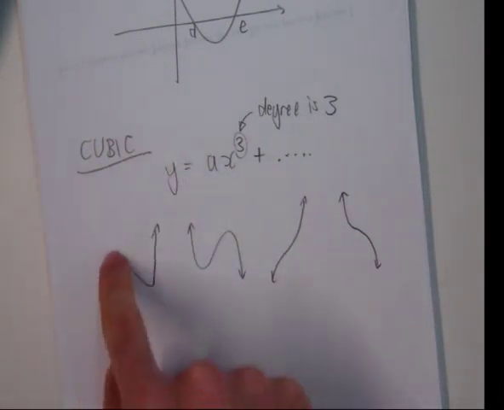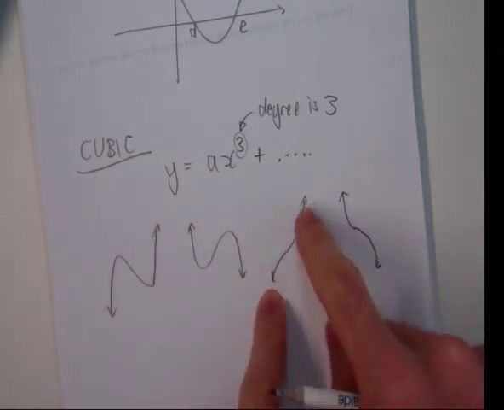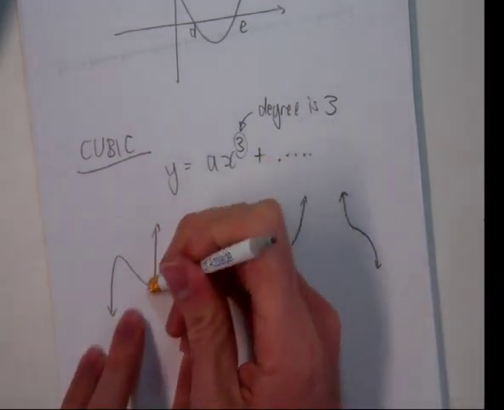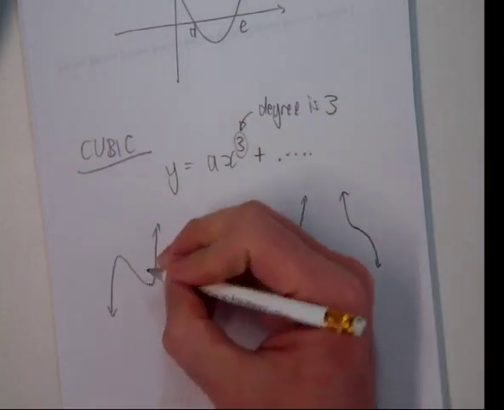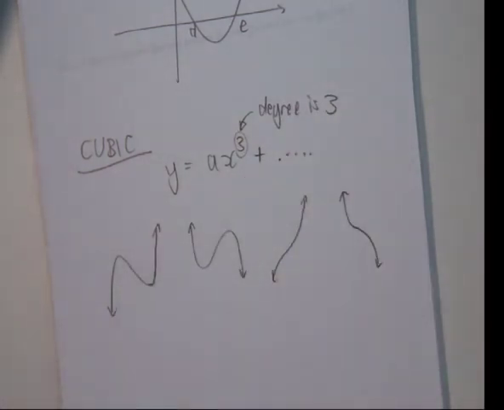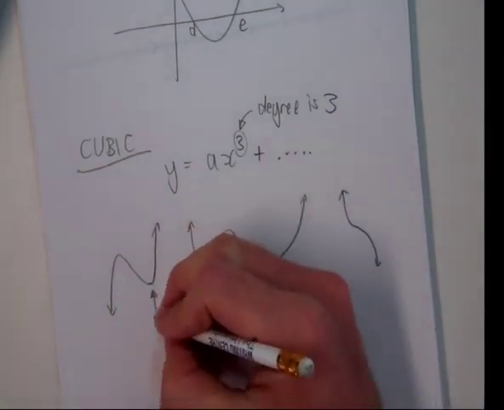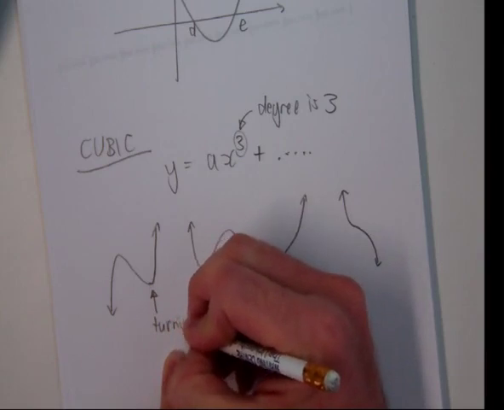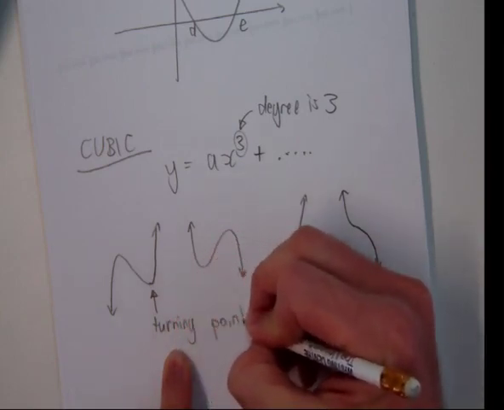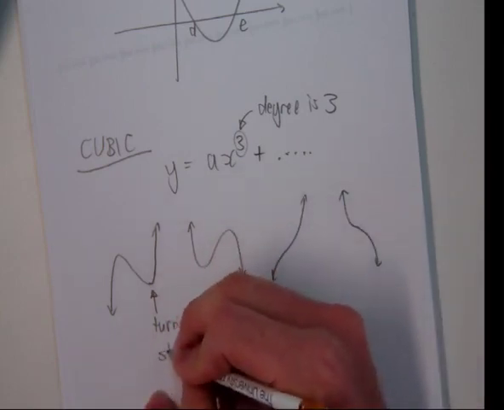It may be that it has a couple of turning points, it may be that it doesn't. That's not supposed to be a sharp kink. It's very useful to be able to draw shapes like this the moment you see the graph, because then you can say, well, I expect there to be turning points. So this is a turning point, it's called. It's also known as a stationary point.